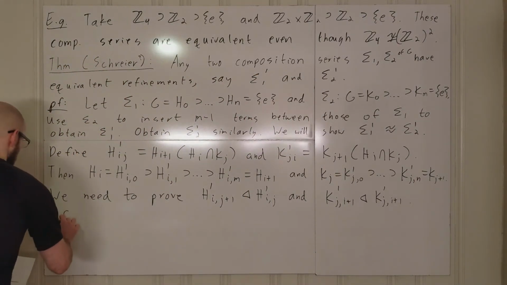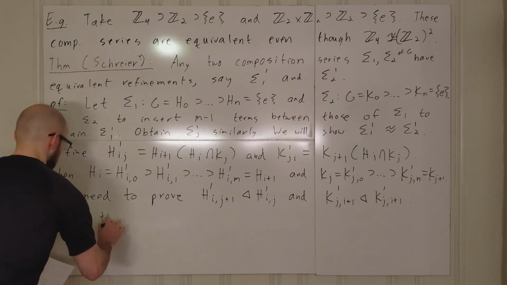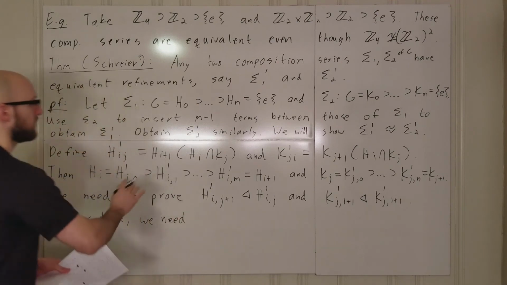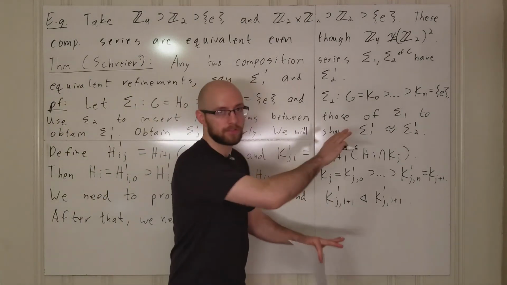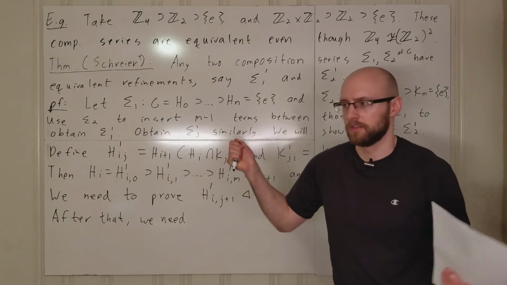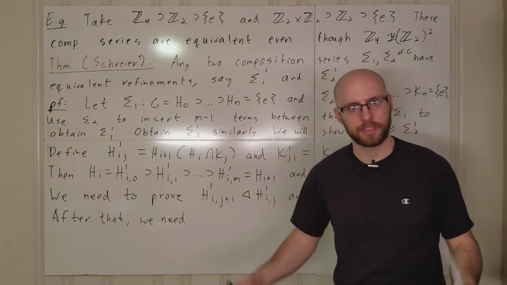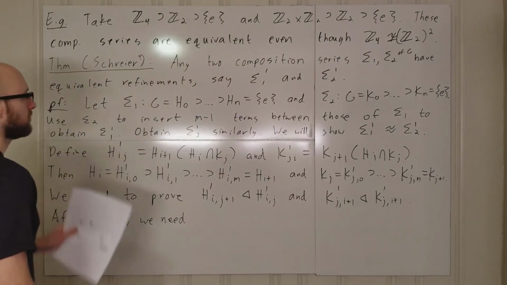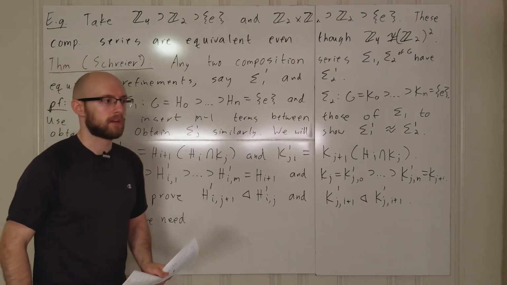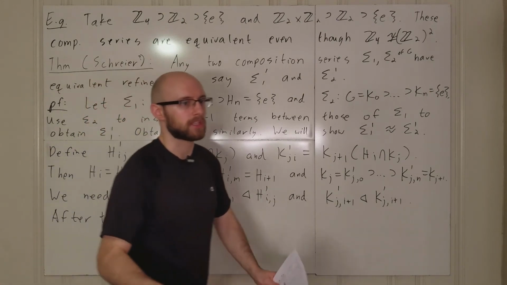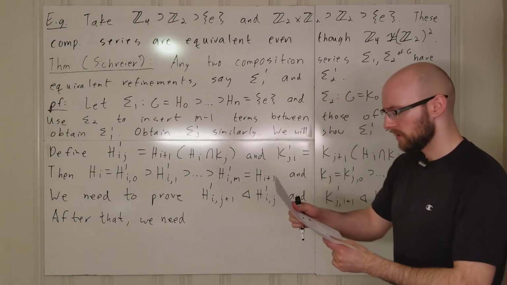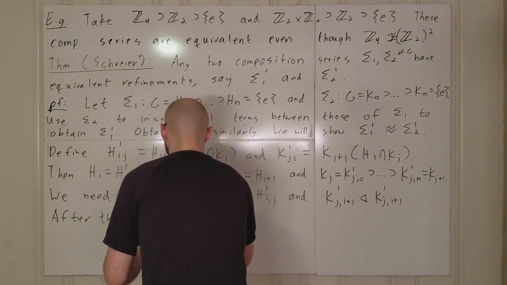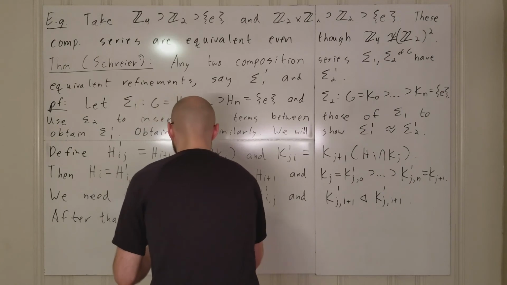So after that, we're not done. Once we prove this, then we'll have these two composition series, and so that's all fine and good, but just because you have two composition series, that doesn't mean they're equivalent. What you need is the relation between the graded pieces, and we're not going to reorder anything, so that's really nice, but we have to prove this quotient thingy, so we need to say that the graded pieces are all equivalent.